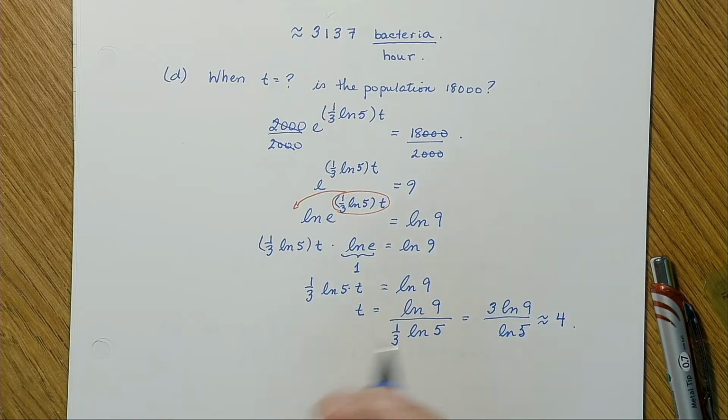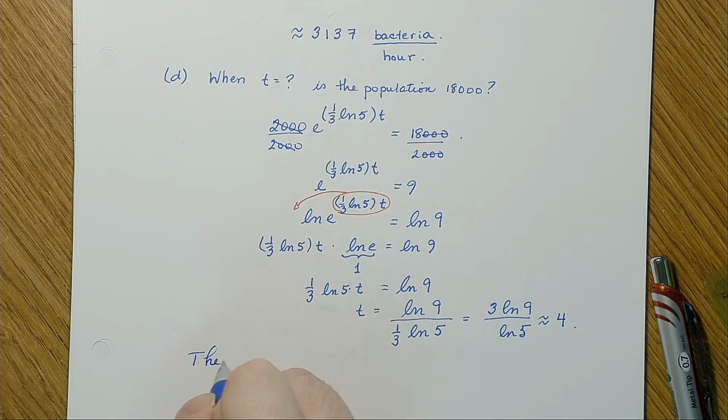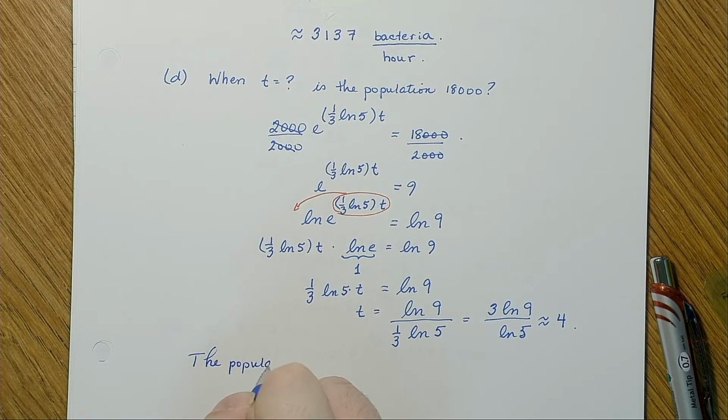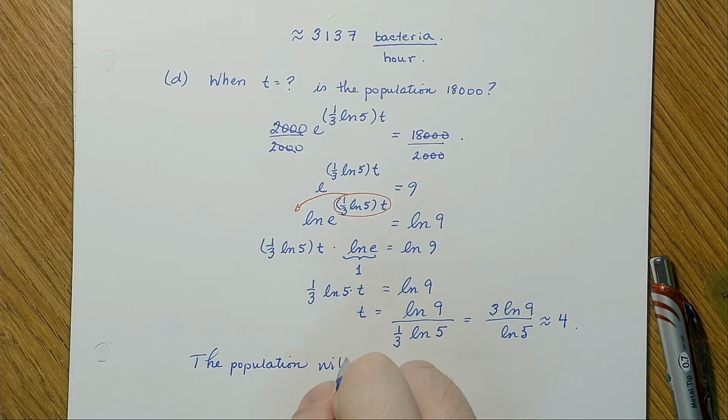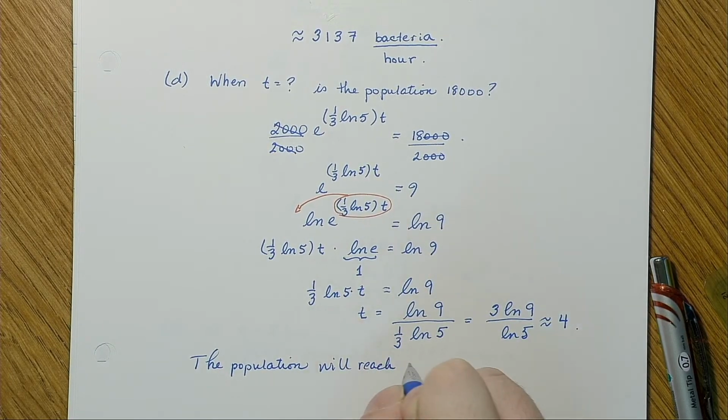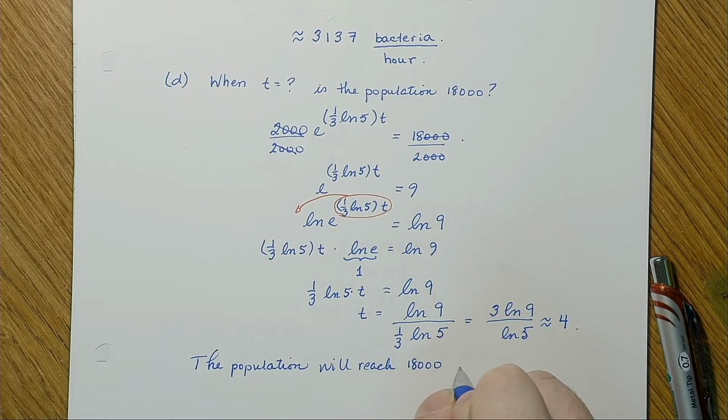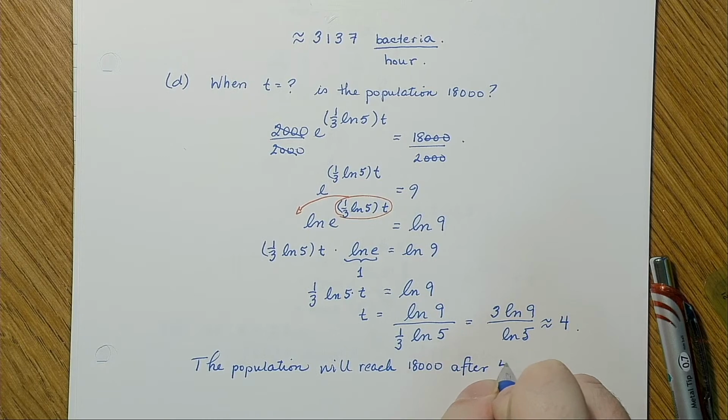So that means that the population will reach 18,000 bacteria after 4 hours.